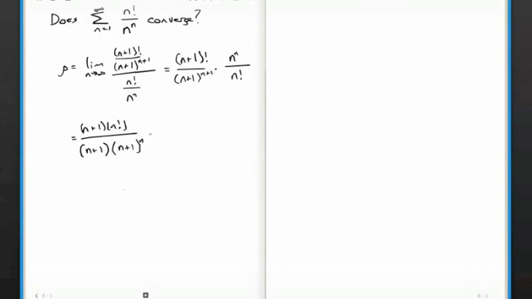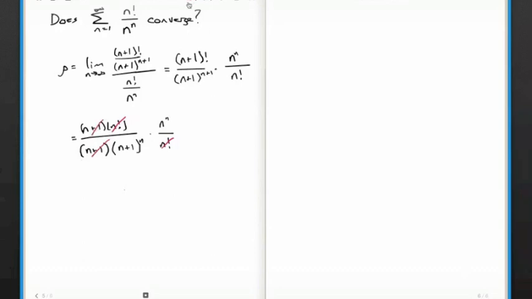And then the second part is n to the n over n factorial. Now we can start doing some canceling. n factorial, that's going to go away. n factorial up there. We have n plus 1. We have n plus 1.